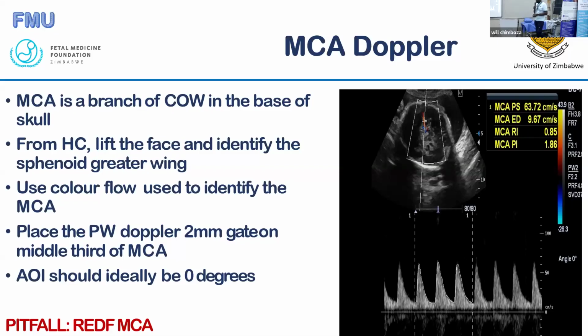One of the common pitfalls is that you might have reversal of diastole when you are sampling your MCA. Usually it's as a result of putting too much pressure on the fetal skull, and you might actually have the reversed flow. But it's usually not of much concern. If you release the pressure, you'll find that it will normalize.